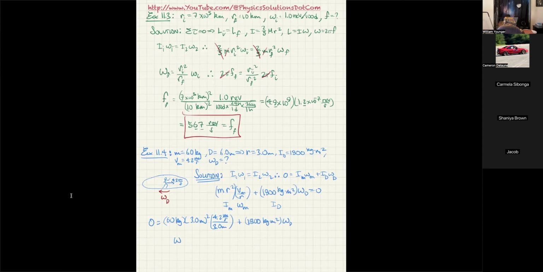That gives us omega d equal to negative, obviously, the 60 times the 3 times the 4.2. Notice I said the 3 without saying 3 squared, because one of these 3's is going to cancel out. So 60 times 3 times 4.2 is equal to 756.